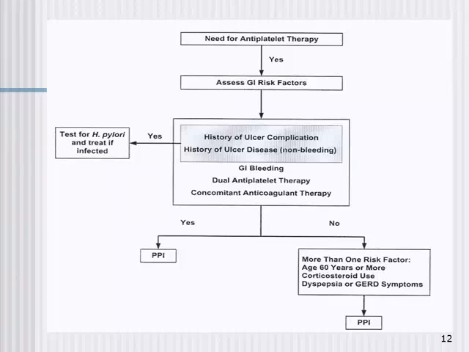If they don't have any of those risk factors, but they are over the age of 60, they're taking steroids, or they have a history of dyspepsia or GERD, then they also recommend a proton pump inhibitor. So the reality is, at least in many of the cardiac patients, where we see a fair amount of antiplatelet drug, and particularly dual antiplatelet drug therapy being used, most of these folks are going to be on a proton pump inhibitor.